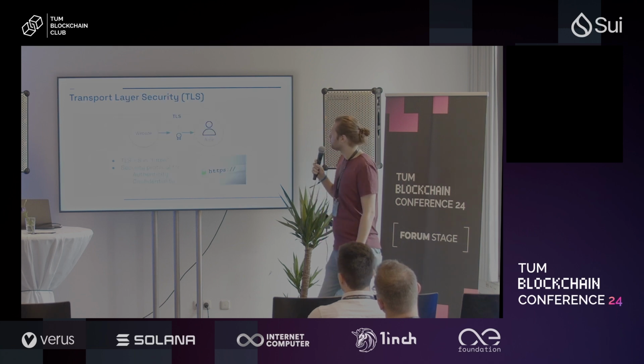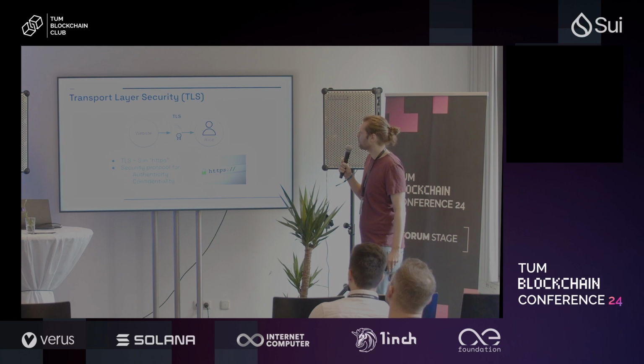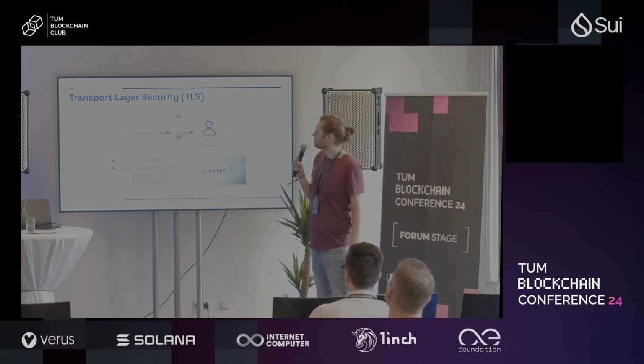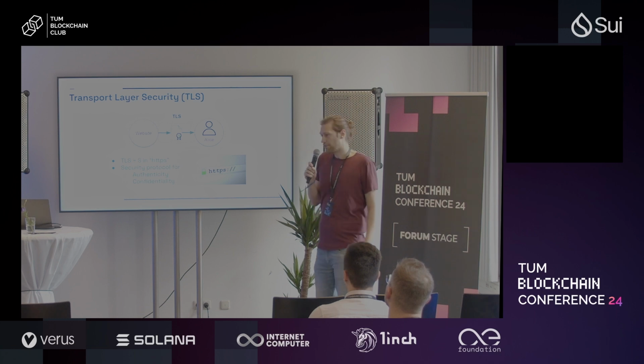Okay, so let's have a look at how the internet basically works. Right above the TCP layer, which establishes the connection between several computers, you have the encryption layer, so to say, which is TLS, or transport layer security. And whenever you go to a website, it ensures two things.